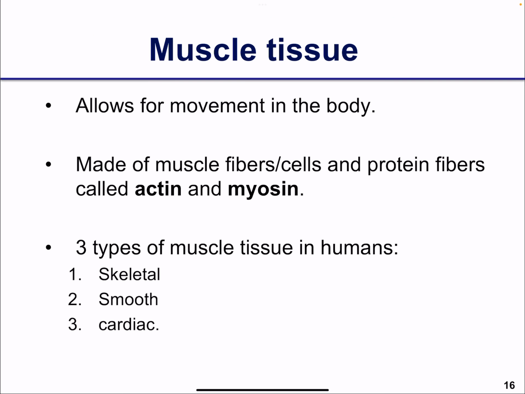Now, we are done with the connective tissues. Now we are going to look into the muscle tissues. There are three types of muscle tissues: the skeletal muscle, the smooth muscle, and the cardiac muscle. Regardless of the muscle tissue, the function is to provide movement in the body.